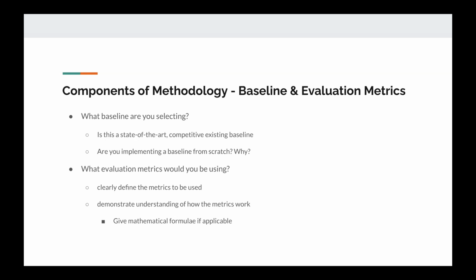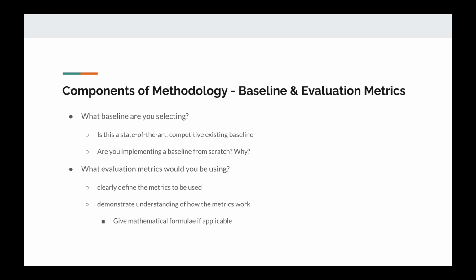First of all, you need to make sure that you're selecting a competitive state-of-the-art baseline. And one of the things you need to consider is, are you implementing the baseline from scratch, or does it exist in, say, a library or some format that you can import into your code? If the latter is the case, then you'd have to properly reference the baseline.